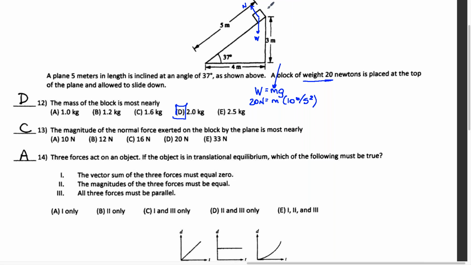A classic mistake to make is to answer choice D, 20 newtons, because you've seen a lot of problems on horizontal surfaces where if the weight is 20 newtons, the normal force is always 20 newtons because it's not vertically accelerated. So that's kind of bait that you shouldn't take. It's got to be less than 20 as I'm on an incline.